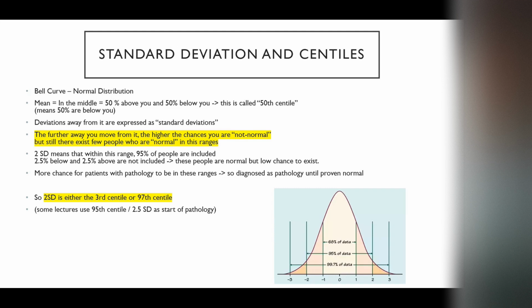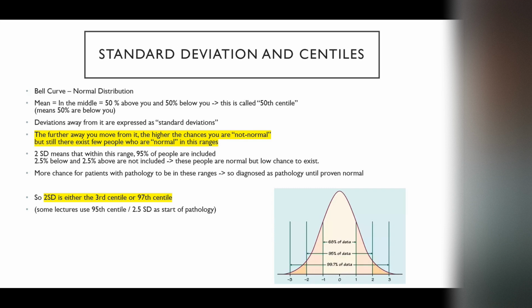Now, the distance from the mean is counted in standard deviations, okay? There is a formula for it, but then you can start getting 1 standard deviation, 2 standard deviations, 3 standard deviations. Sometimes the pathology can be 2.5. This is important for giving the boundary between physiology and pathology.